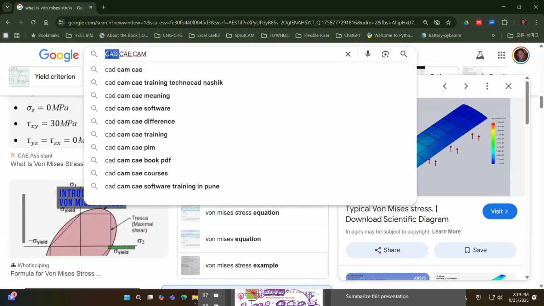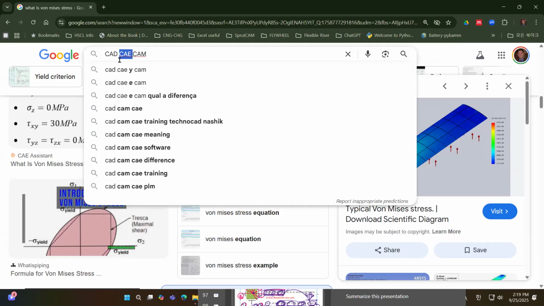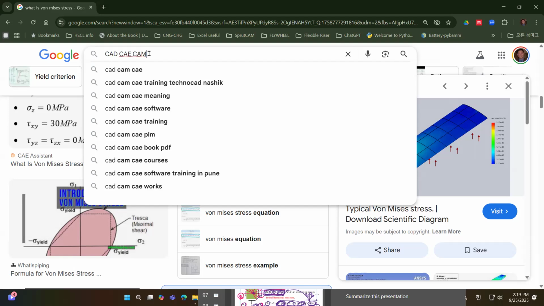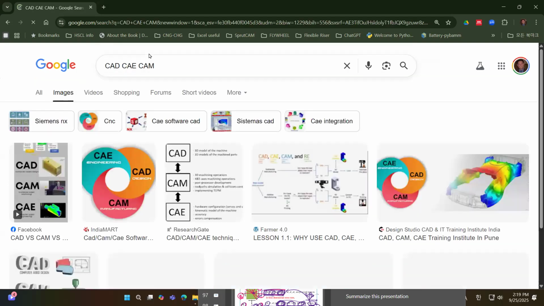So you should know how to design. Design doesn't mean just the conceptual design, but the computer-aided design. It's just a visualization. You should know how to visualize them. And we should know how to calculate the stresses. We should know how to manufacture it. So this is a very important concept.